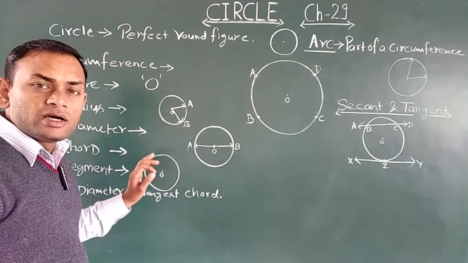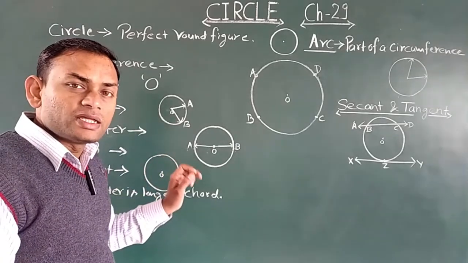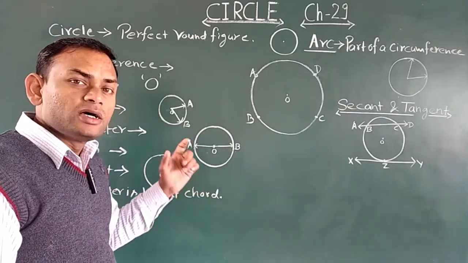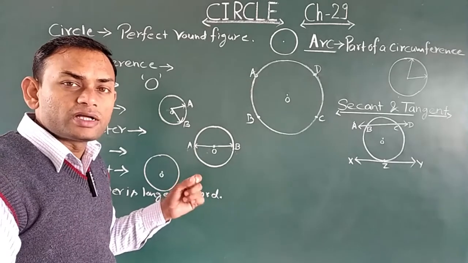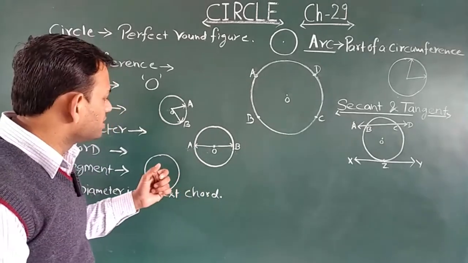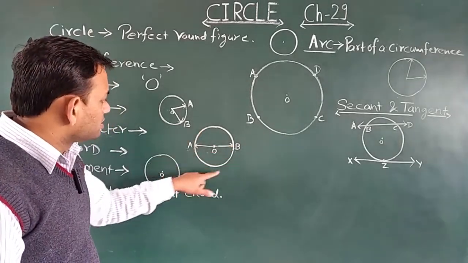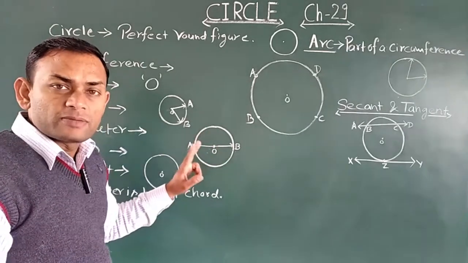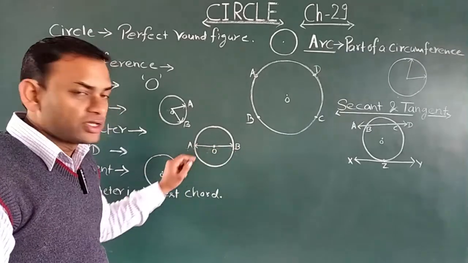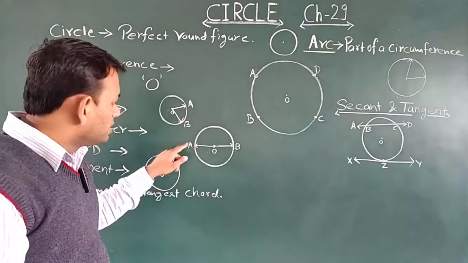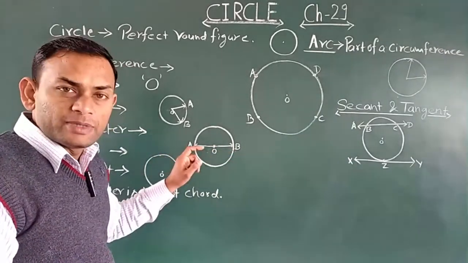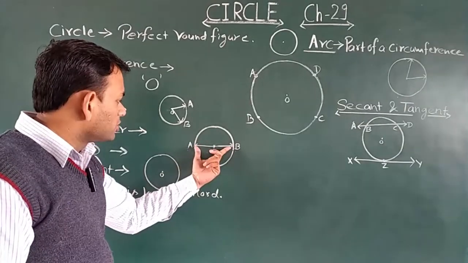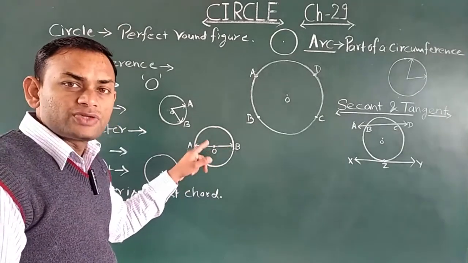What is the diameter? A line passing through the center and connecting any 2 points present on the circumference together is called a diameter. As you can see here, in this circle, O is the center and A and B, 2 points are present at circumference of this circle. So line AB will be called a diameter, which is connecting both the points and passing through the center.